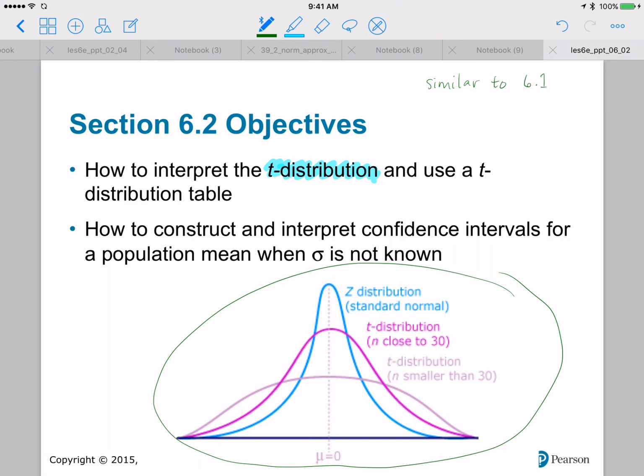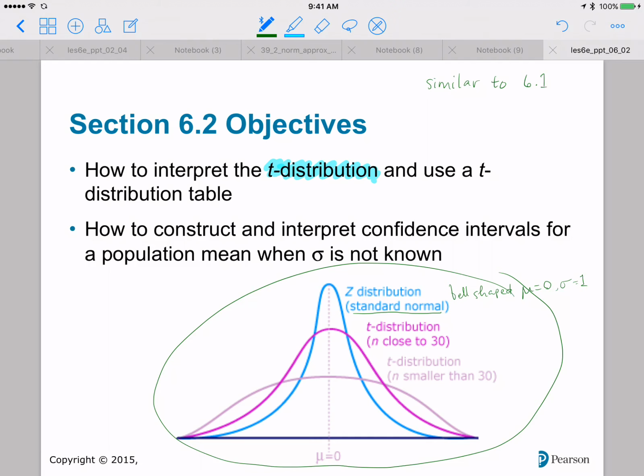Now, the z-distribution, which is our standard normal distribution, is in blue, and that's the bell-shaped curve, with the mean equal to 0 and the standard deviation equal to 1. We're familiar with the bell-shaped curve. We know that one, the standard normal.